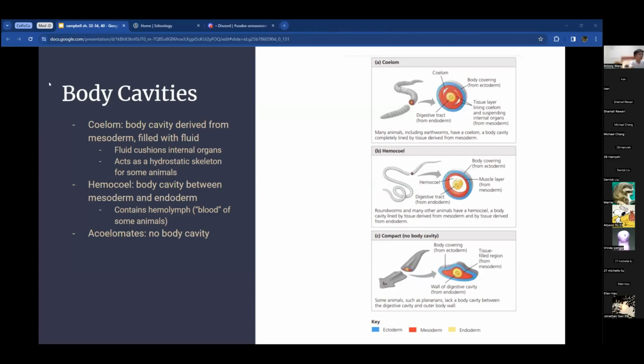So the coelom is entirely within the mesoderm, and the fluid within the coelom, the body cavity, cushions the internal organs. Like we are coelomates. We have a coelom that separates our intestinal wall from our intestine.